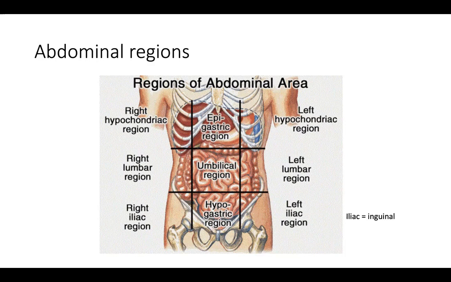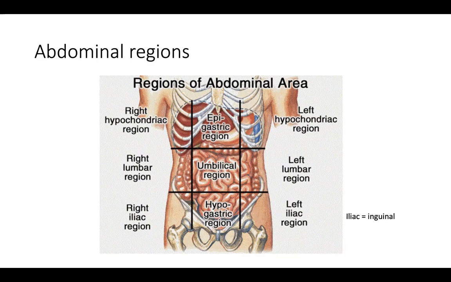You have right something all down the right. You have left something all down the left, right? You have 3 on the left, 3 on the right, and then 3 in the middle. The right and left are the exact same except for the right and left. So they're easy. If you remember one of the top ones, you'll know both of them, as long as you remember right is the patient's right. Okay, so we'll start at the top.